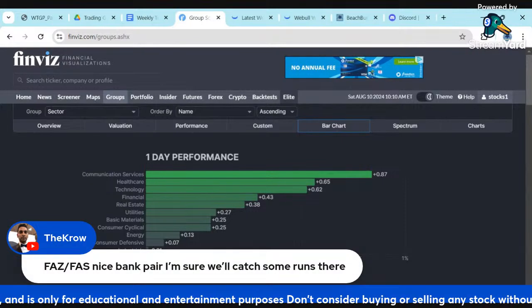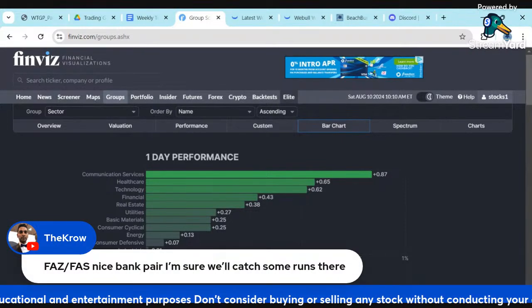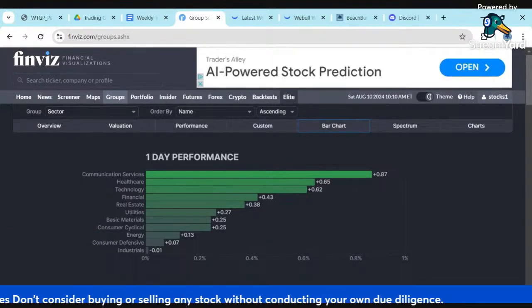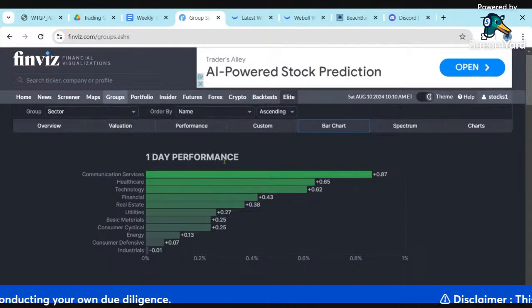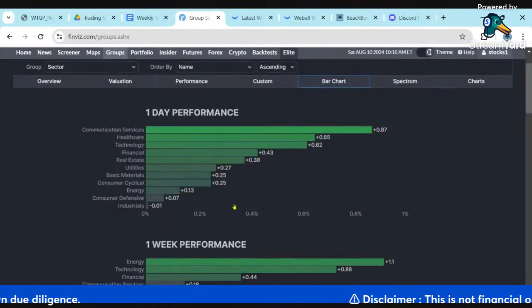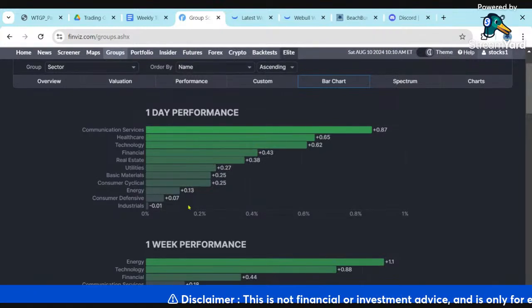Again, we can look at these in our ETFs Google Sheet, but a leveraged pair of ETFs to trade volatility in the financial sectors is FAS long, FAZ short, and we'll look at these various pairs. You can trade volatility of the various sector groups in our ETFs Google Sheet.